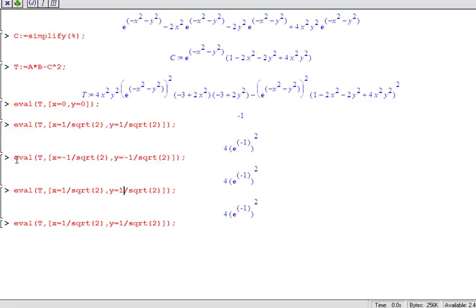Okay, here make y negative, and here make x negative. So I get all my critical points plugged into capital D. And so capital D is all positive no matter what critical point we plug in with the 1 over the square root of 2 for x and y, positive or negative.